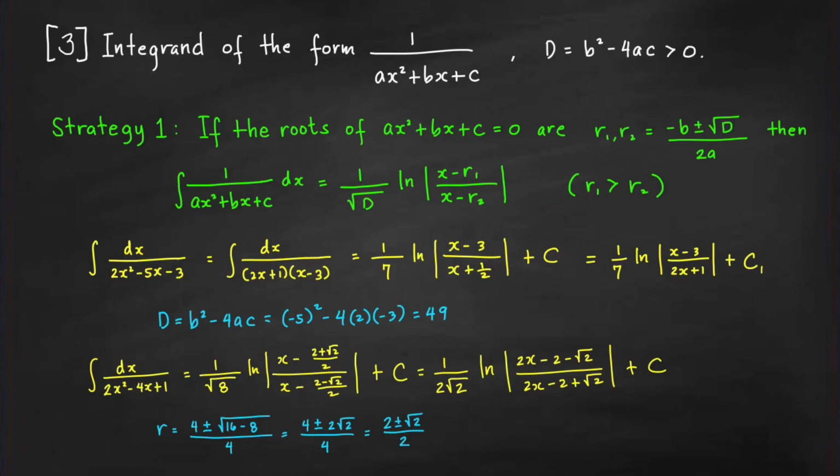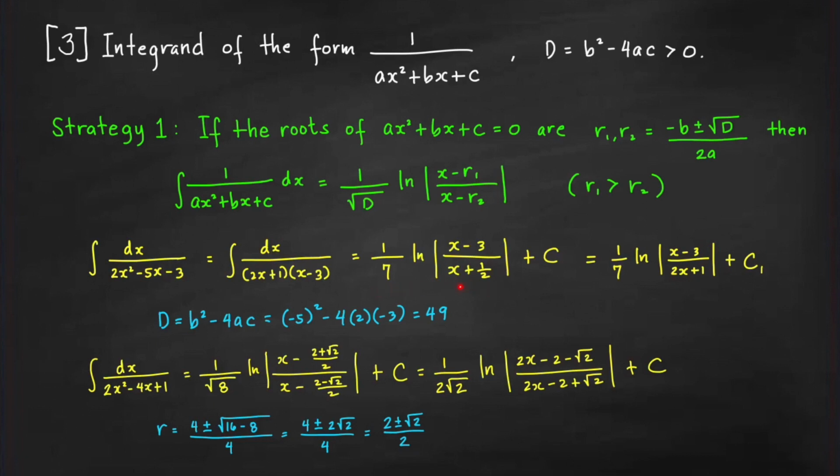Then the value of this integral is 1 over the square root of D, which is 1 over 7, and then ln of what are the roots? Since this is factorable, it's very easy to find the roots. The roots are negative 1 half and positive 3. The higher root goes to the numerator and the smaller root goes to the denominator, so you have x minus 3 all over x plus 1 half.